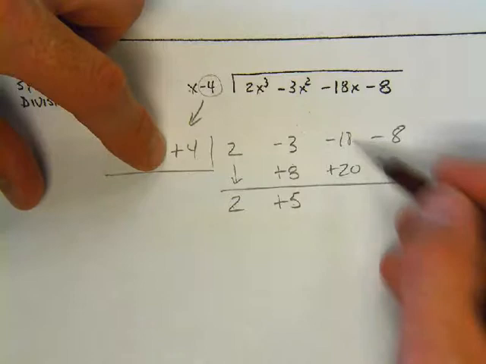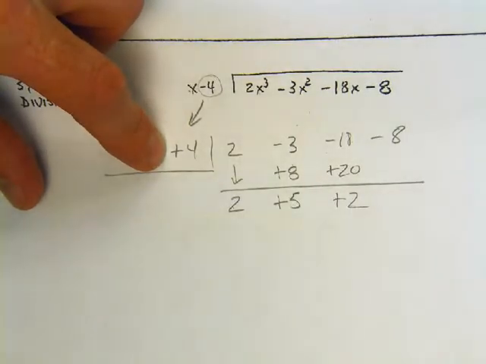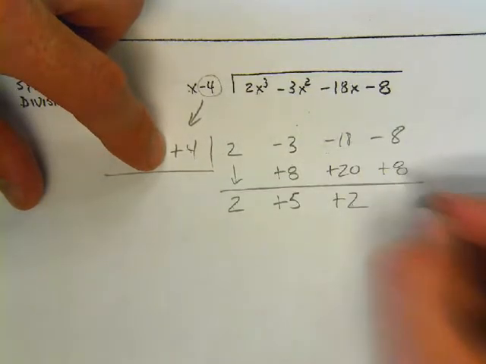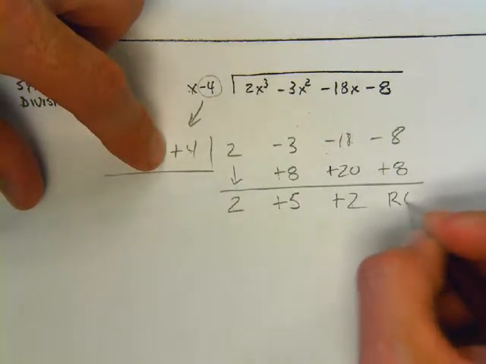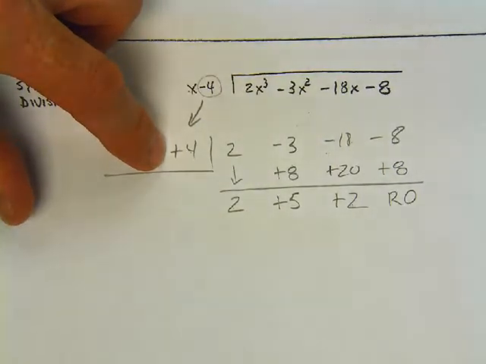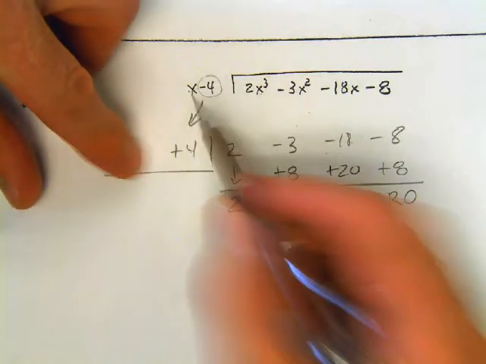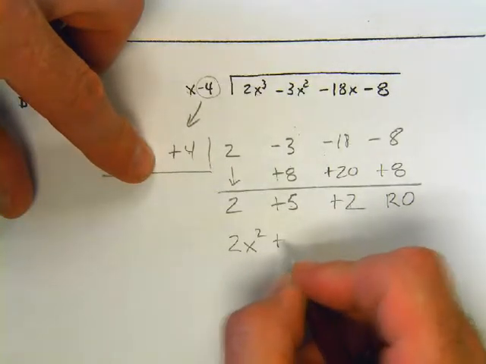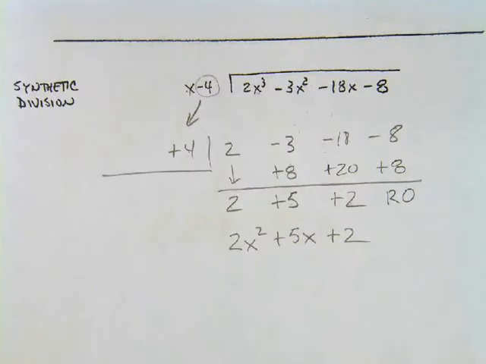Negative 18 plus 20 is positive 2. 4 times 2 is positive 8. Negative 8 plus 8 is remainder 0. We started out with x cubed, we divided by x, so we end up with 2x squared plus 5x plus 2.